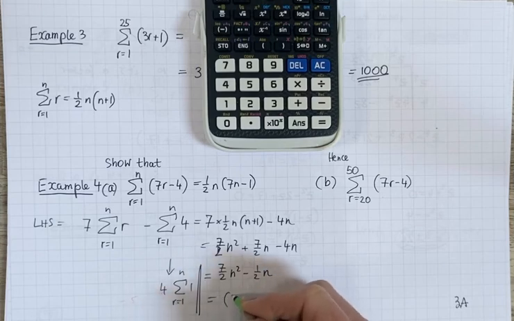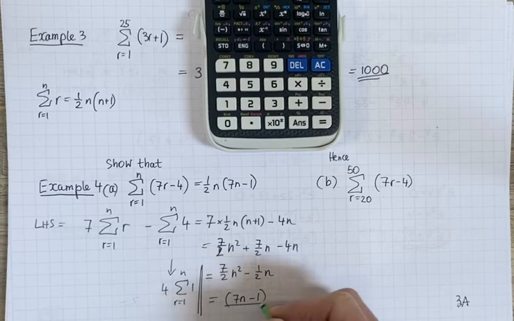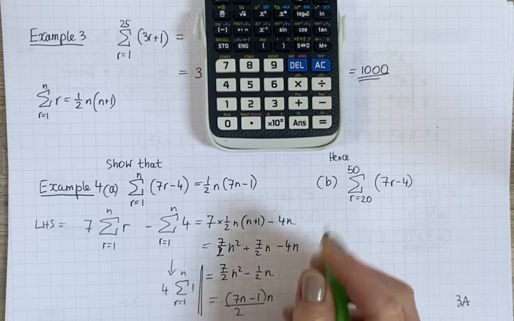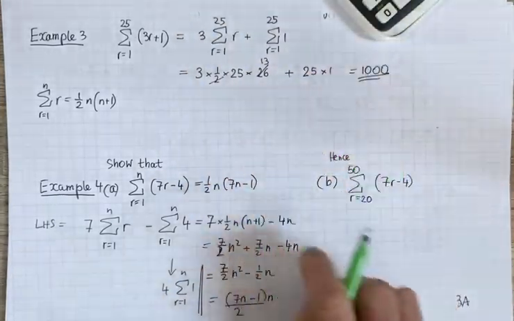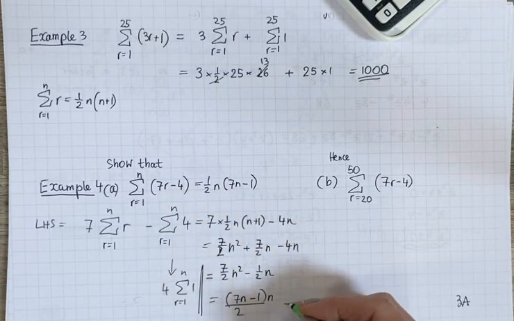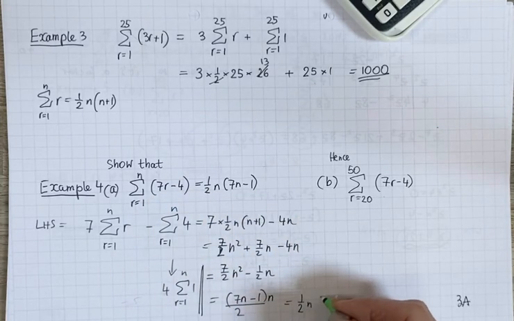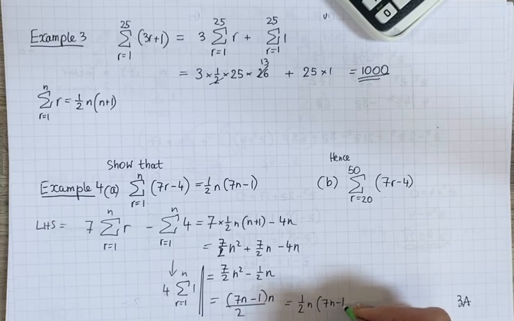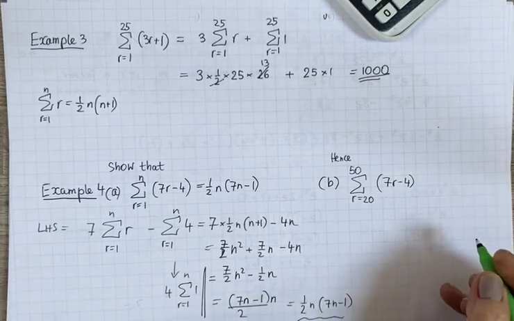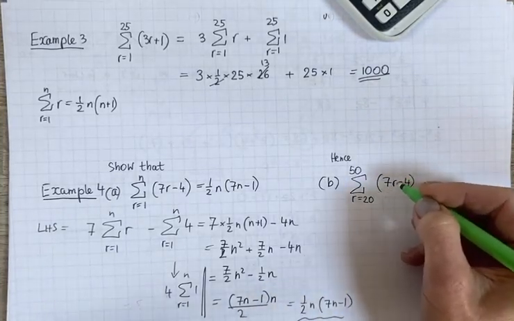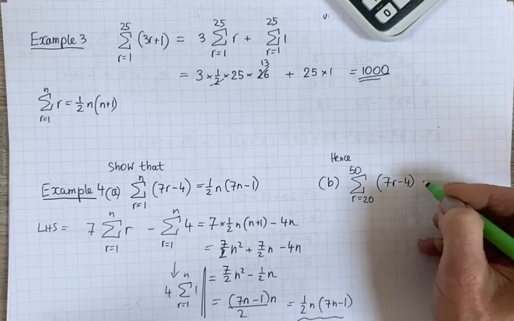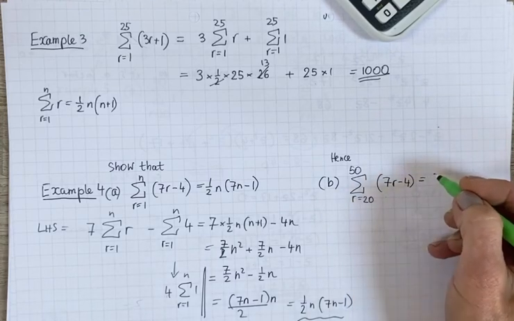So a half times n times 7n minus 1, which is, okay, they've put n in front, so let's just write it down. Okay, so proven.